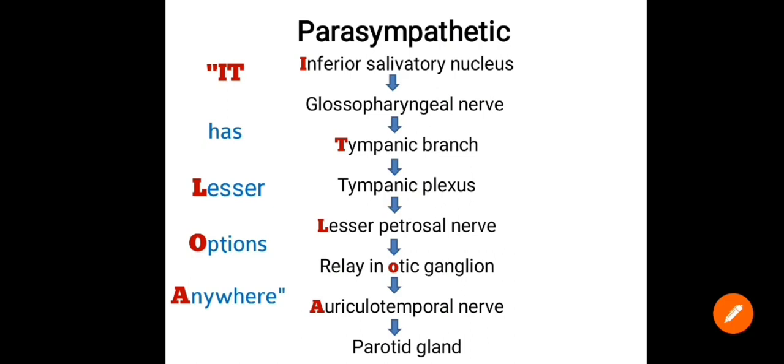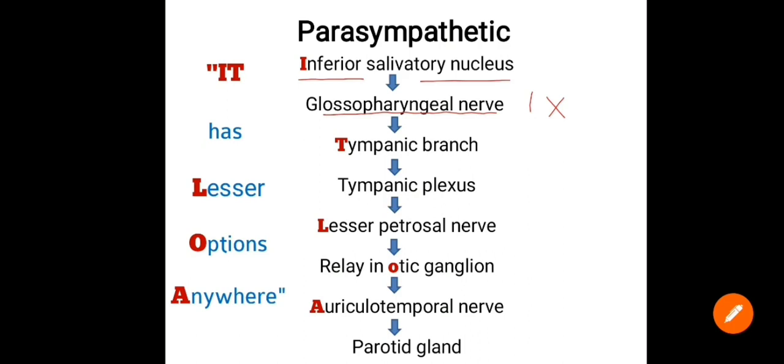The preganglionic fibers all start from the inferior salivatory nucleus, which is present in your medulla. From the inferior salivatory nucleus, the preganglionic fibers are carried by the glossopharyngeal nerve, the 9th cranial nerve.